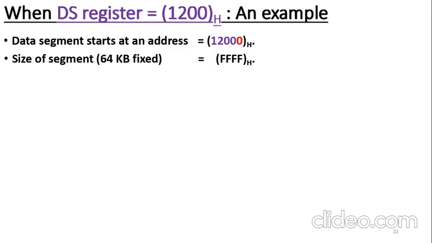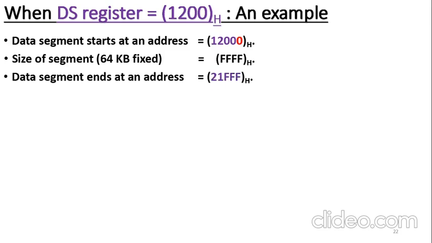So if this size of that segment is added to the starting address of that corresponding segment here, then I will be getting the last address where that data segment ends. So data segment ends at an address 21FFF hexadecimal.